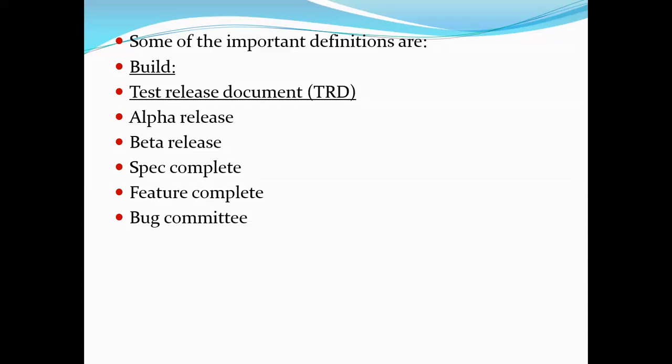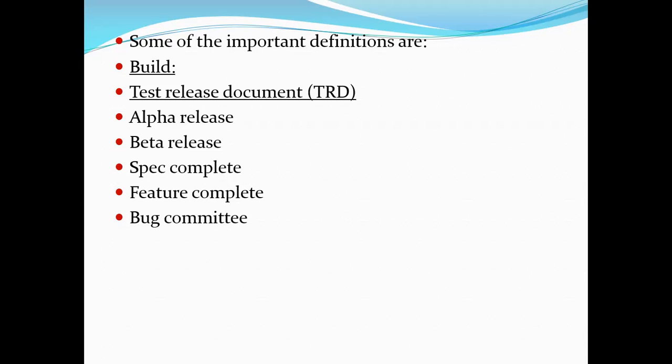So alpha release is nothing but the very early build intended for limited distribution to a few key customers. Just like alpha testing, as we have seen, alpha release is the primary stage where you are delivering the early build for some key customers only.